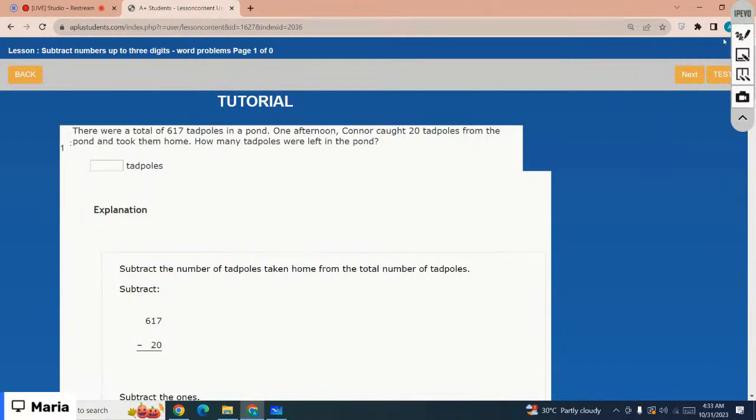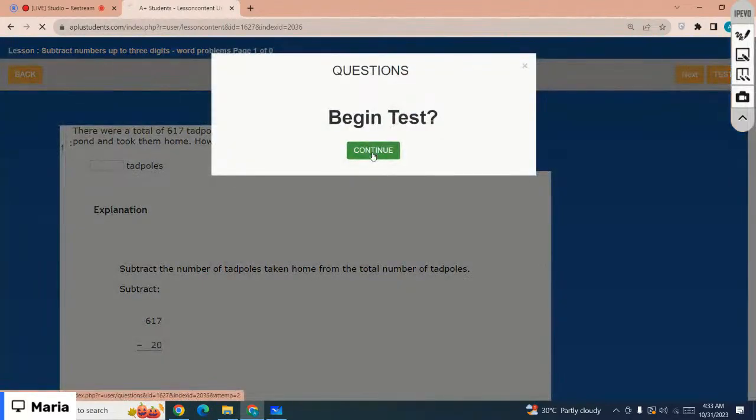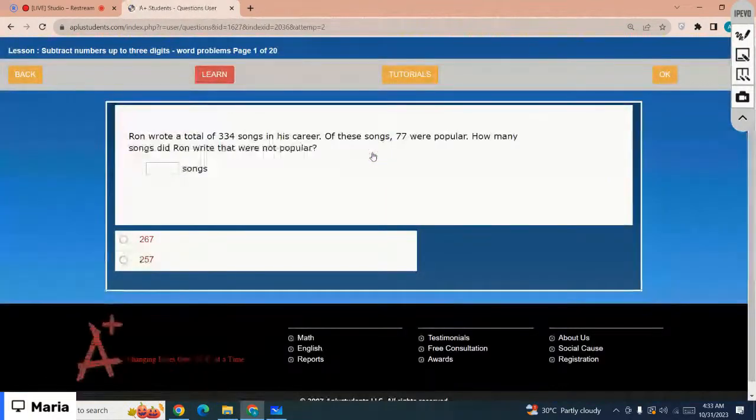Let's just start with the next questions. Okay, Ron wrote a total of 334 songs in his career. Of the songs, 77 were popular. How many songs did Ron write that were not popular? So you have to subtract 77 out of 334. So which is the correct option?